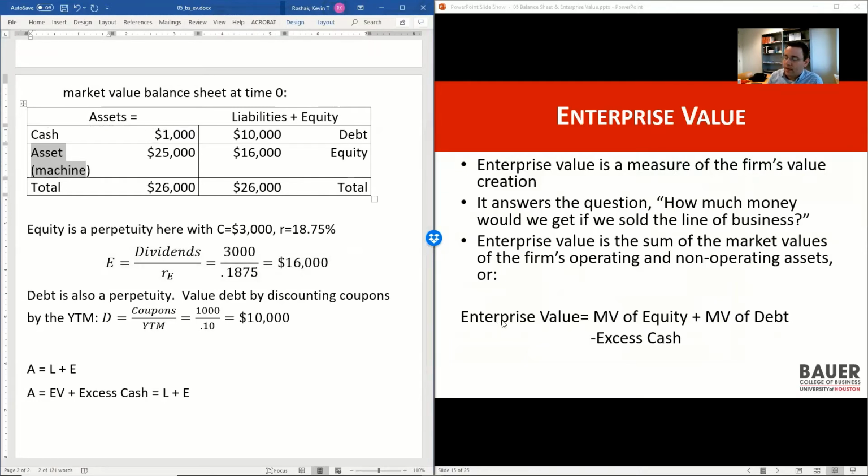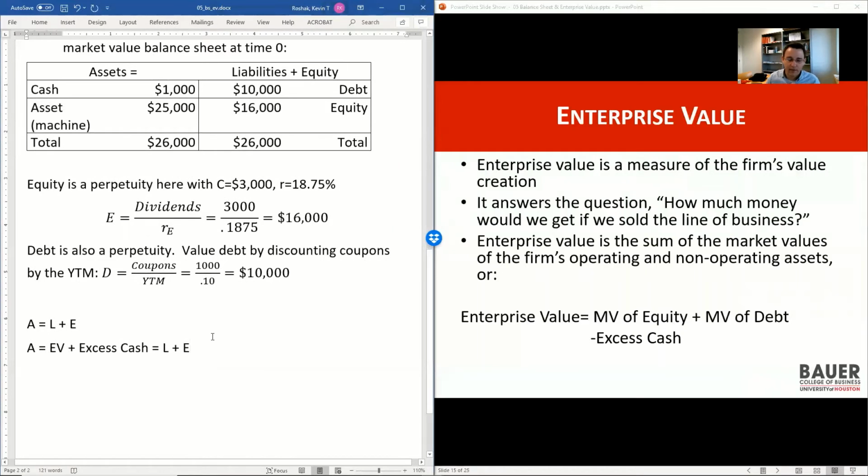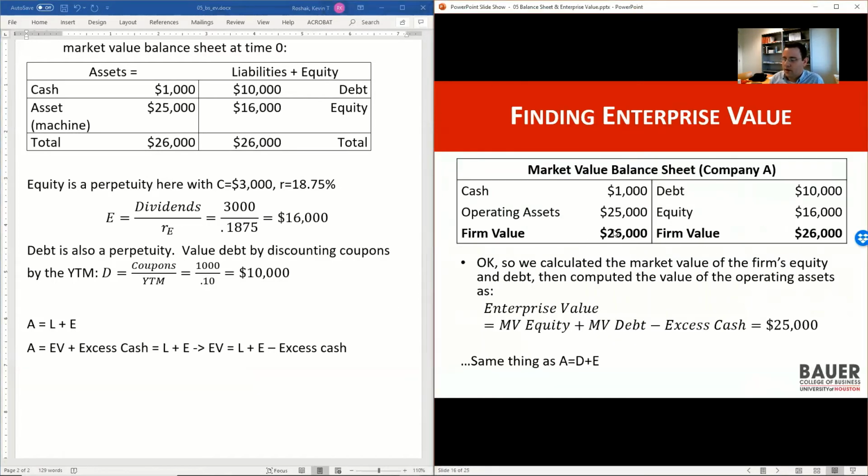So we can value the enterprise value by just doing some algebra here. If we have this identity, that's going to imply that the enterprise value is liabilities plus equity minus the excess cash. So that's all that we're doing here. And so in our example, the enterprise value would be the $25,000.